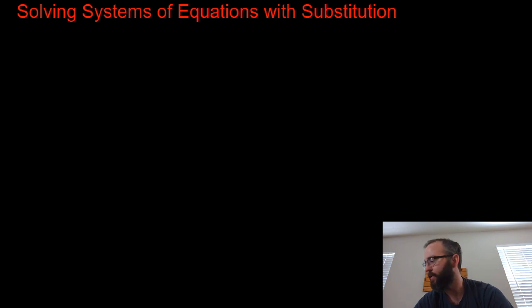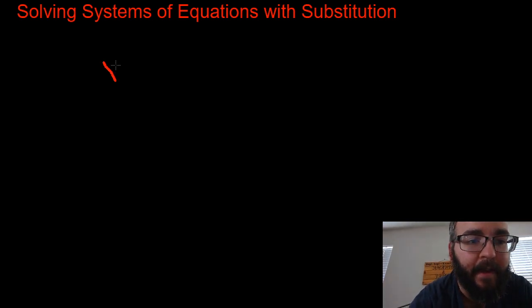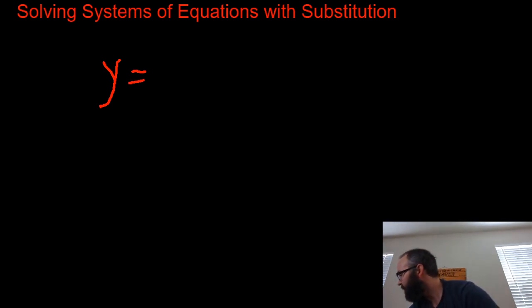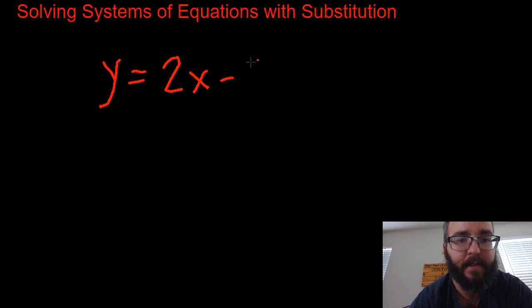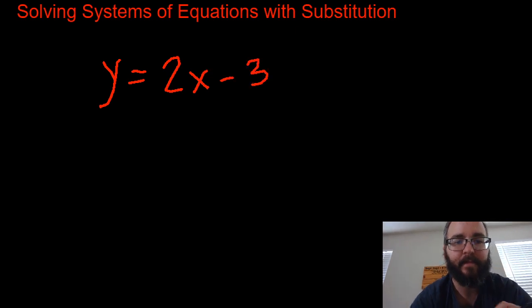All right, so I want to go ahead and try to do a problem. We're just going to write it out, and I want you guys to try to follow along with me. So we are going to write out y equals 2x minus 3.